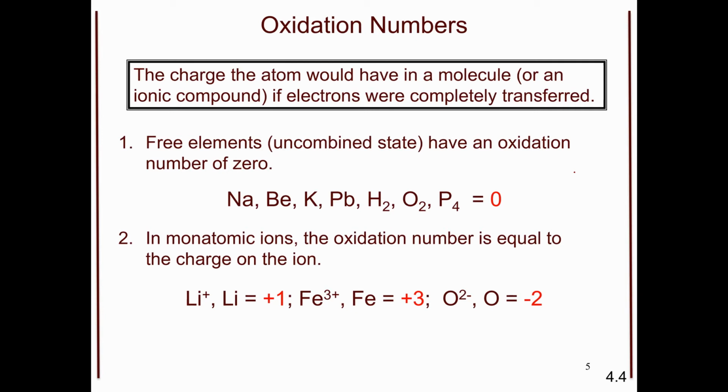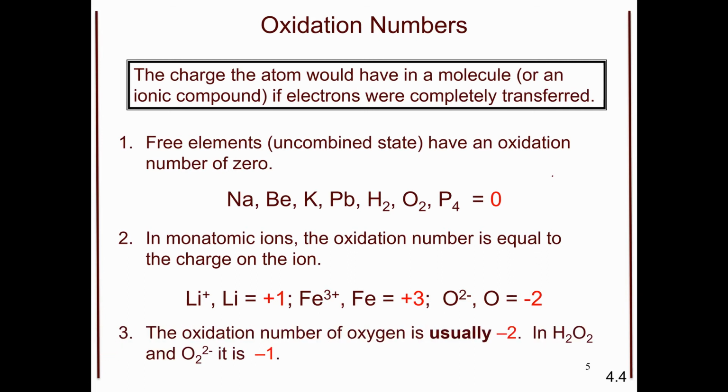If we have iron 3, this oxidation number would be 3+, and as you see here with oxide, it would become 2-. The oxidation number for oxygen is usually, notice that this is bold, -2. In hydrogen peroxide and the peroxide anion, which is O2 2-, it actually gets the value of -1. So when it comes to oxygen, we will historically have it be -2.